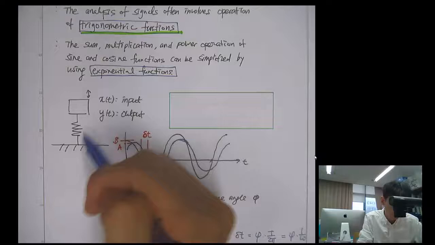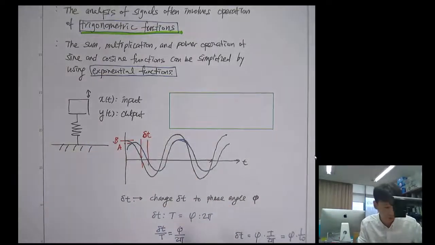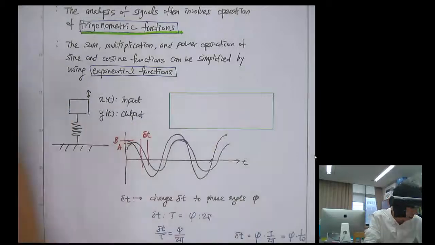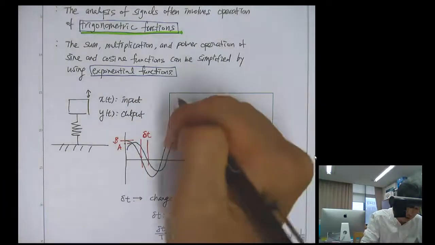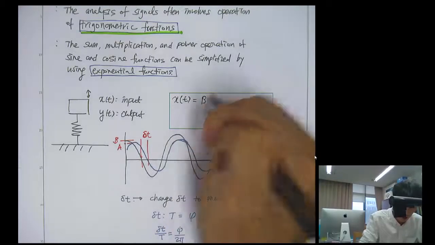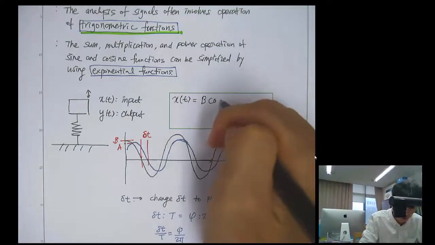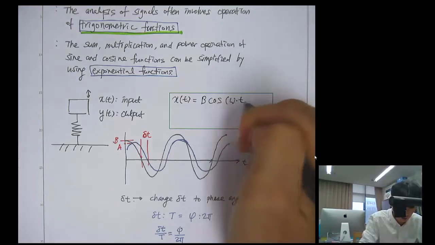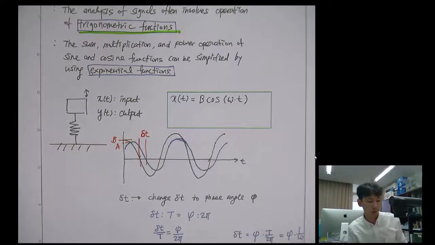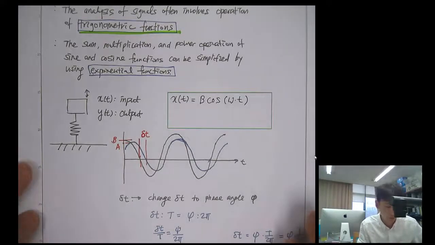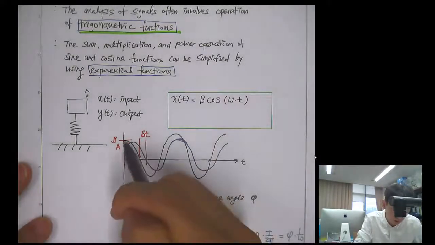This is the system that we are going to deal with, and x(t) is the input. The x(t) in black has the amplitude of b and the oscillation with omega t. So that's this black line.